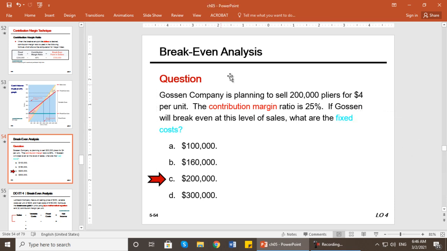Again, G is planning to sell 200,000 players for $4 per unit.